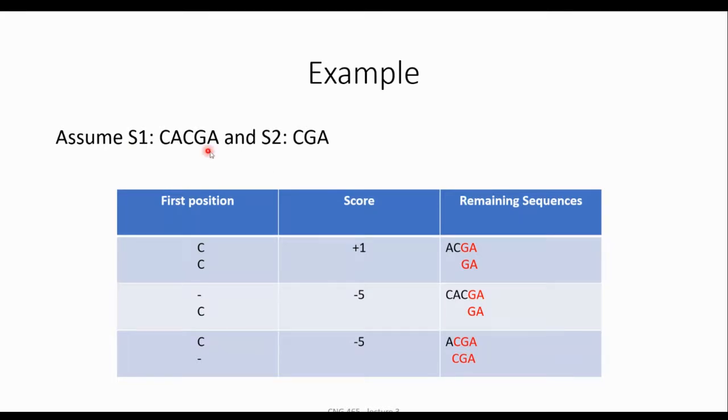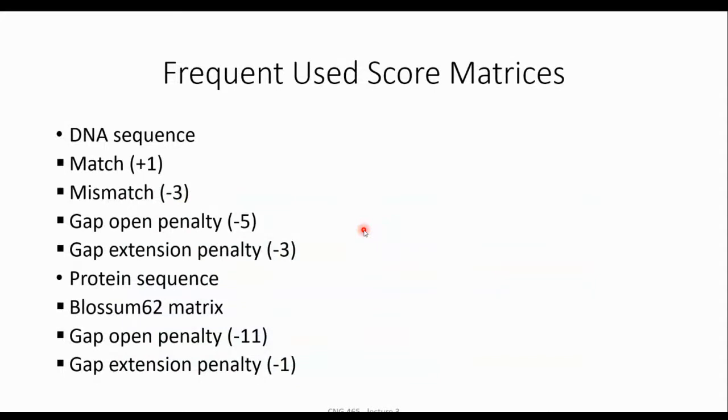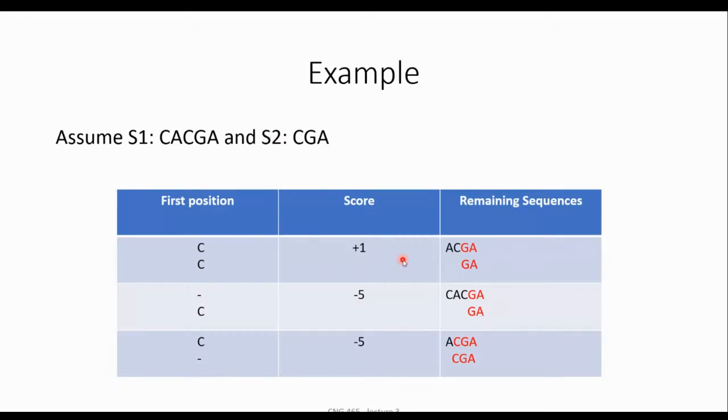So what are the possibilities if I have C as the first nucleotide for both sequences? I can align C with C, one possibility. Based on the most frequently used scoring function, I should give it +1. Mention it here, right? Frequently used score matrices. We are talking about DNA, so +1.